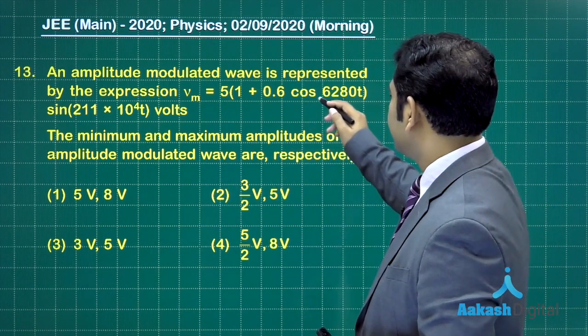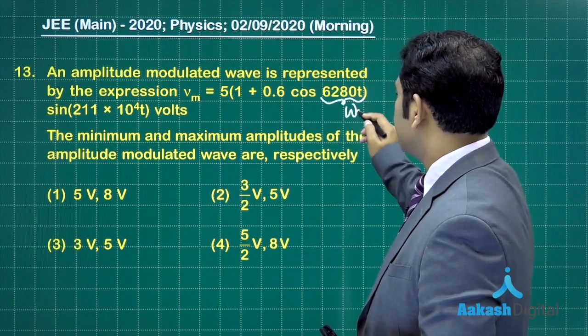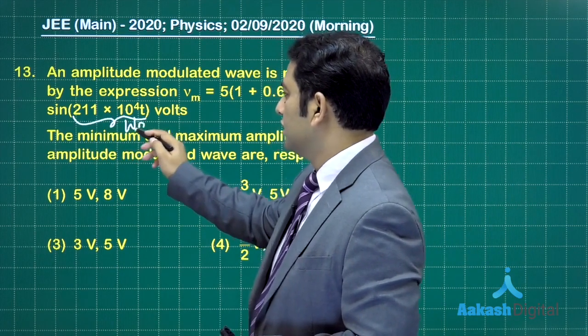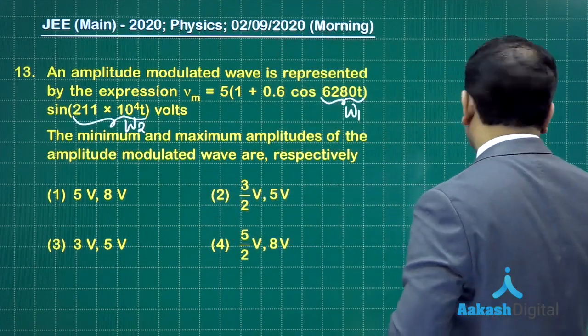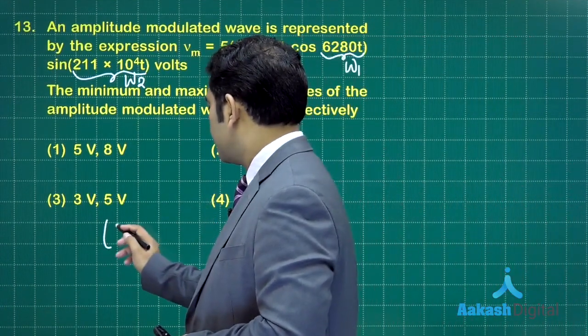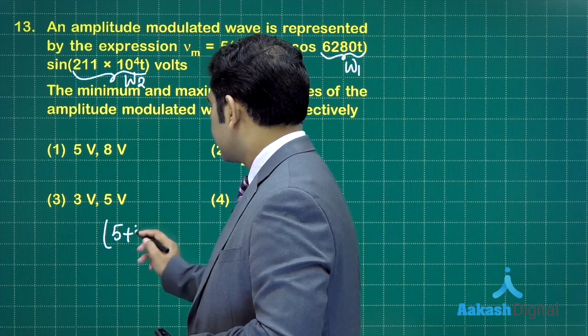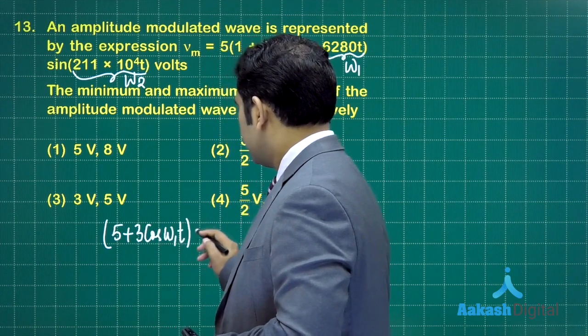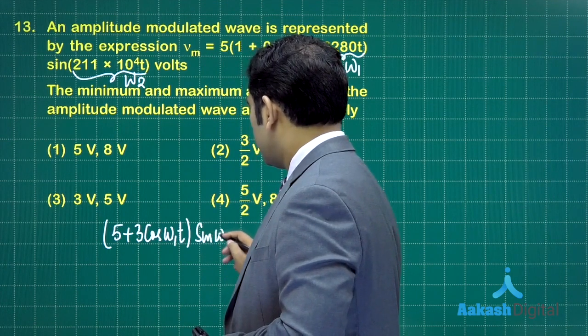What I'll do is, let me call this omega 1 and this omega 2. So if I slightly rewrite the equation, what is this going to be? This is going to be (5 plus 3 cos omega 1t) multiplied by sine omega 2t.